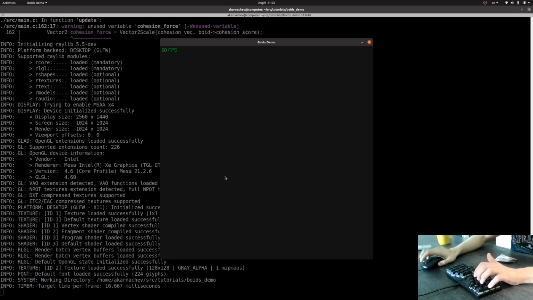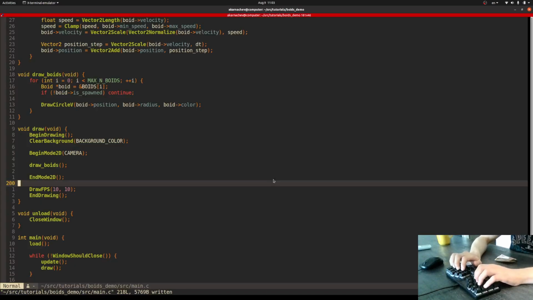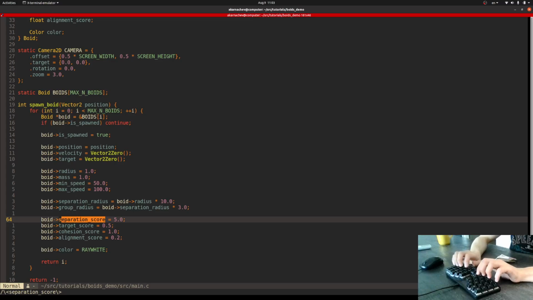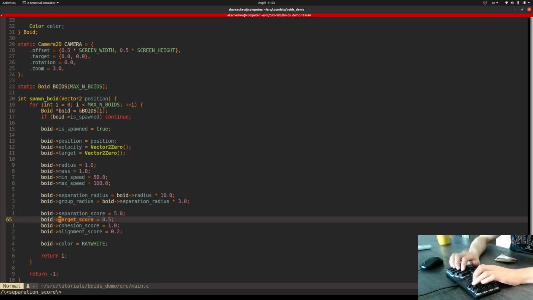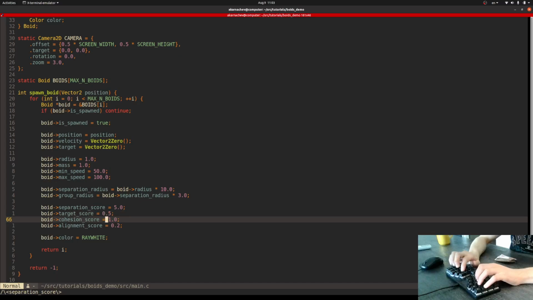So complexity is n squared, but it's okay. I like it. Separation score, target score is okay, alignment is okay, cohesion maybe a little bit smaller.